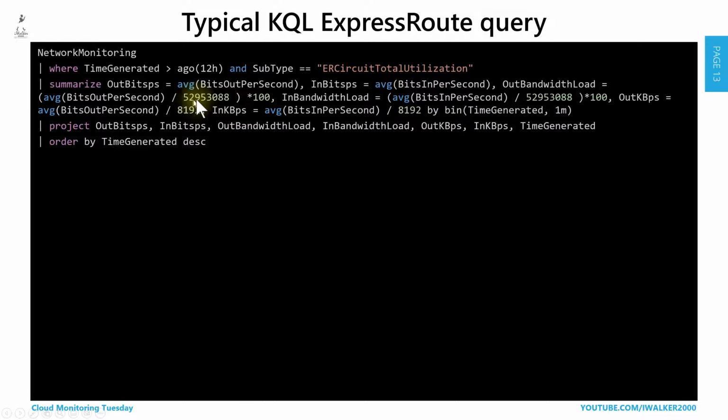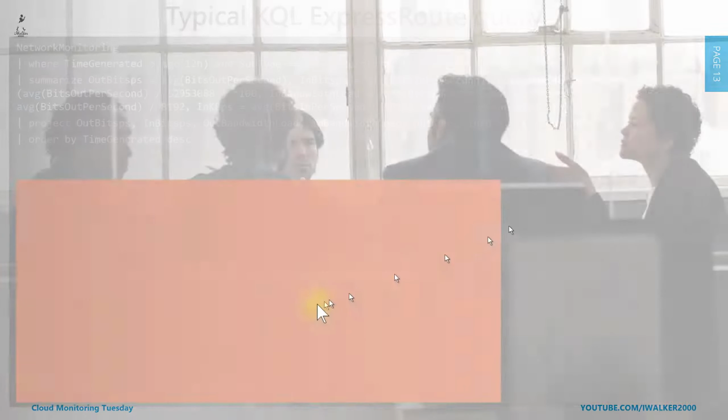If you need to recalculate, you can recalculate it based on your performance, and of course, because we are talking about kilobytes per second instead of kilobits, it's just an easier calculation. But it's how you can find the information about your ExpressRoute utilization.